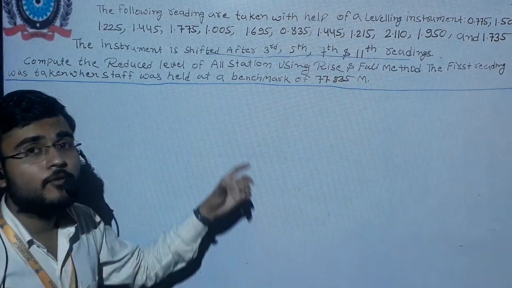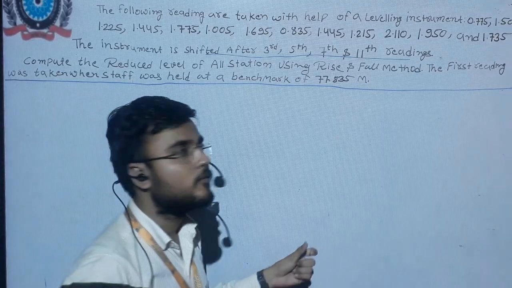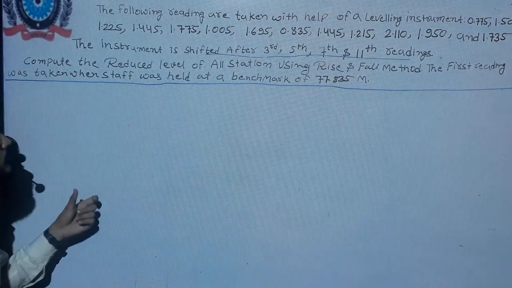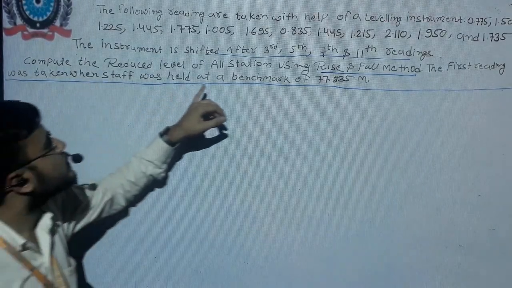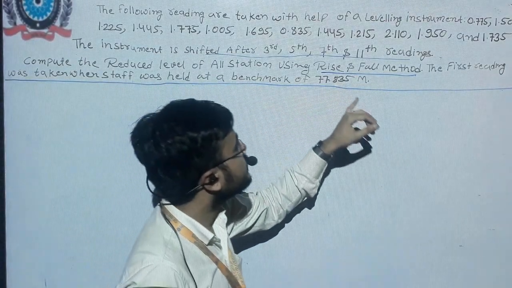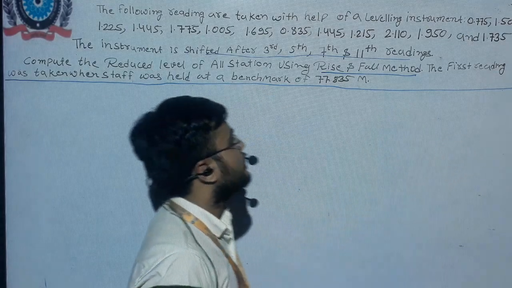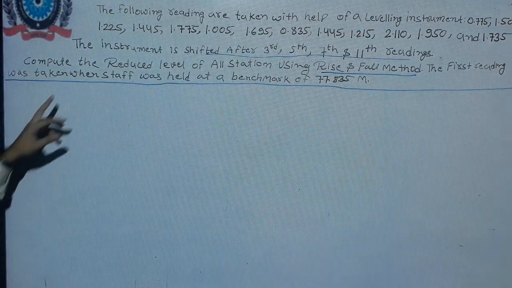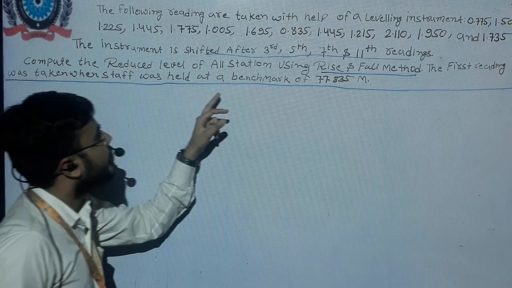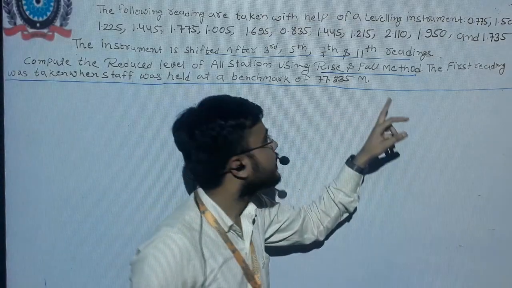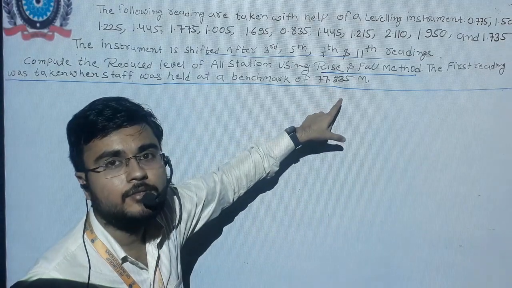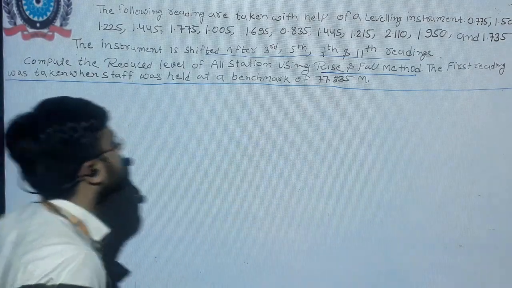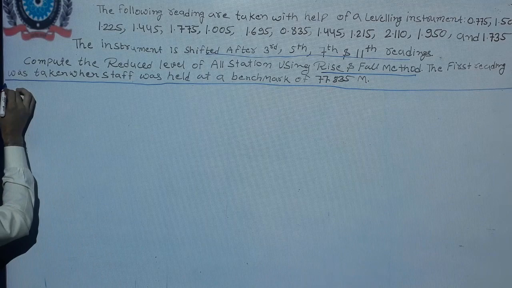This is very important for construction of the table for the calculation. Compute the reduced level of all stations using the rise and fall method. The first reading was taken when the staff was held at a benchmark of 77.835 meters. It means the first reading is our reduced level for point A. Now, first the solution.